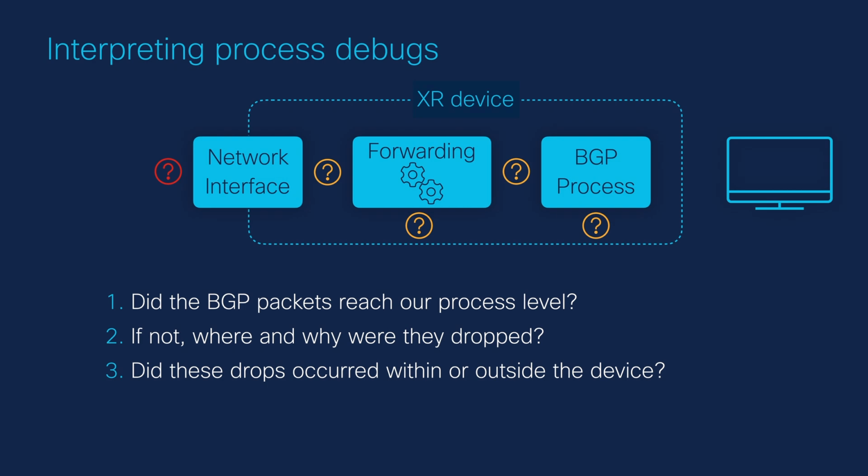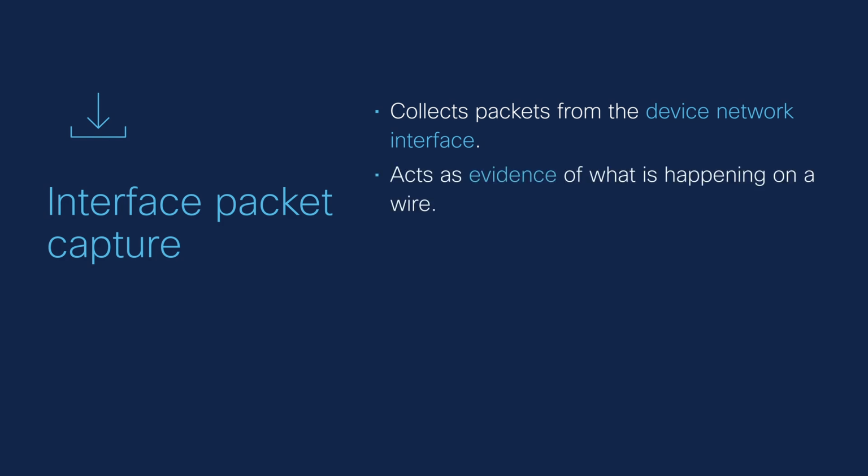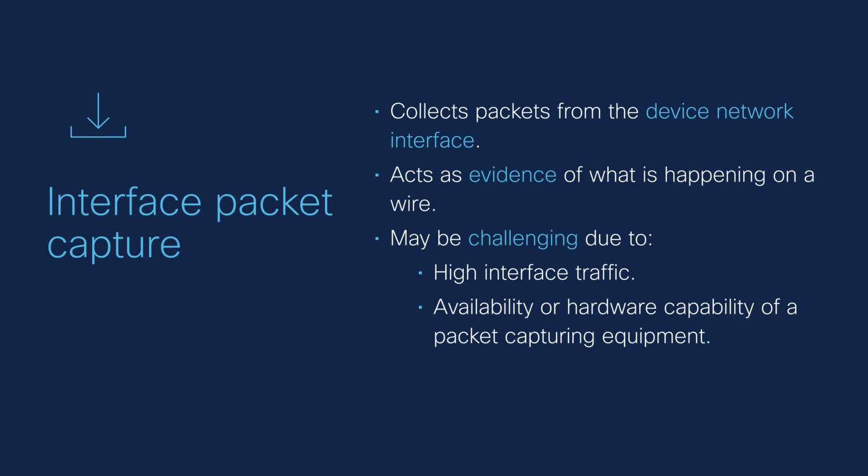To answer that last question, we can try capturing traffic directly from the network interface to get the evidence of what is happening on a wire. Unfortunately, this approach isn't always feasible due to potentially high interface traffic volume or other factors, such as the availability of packet capturing equipment.